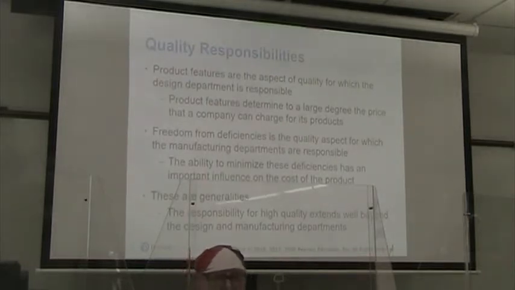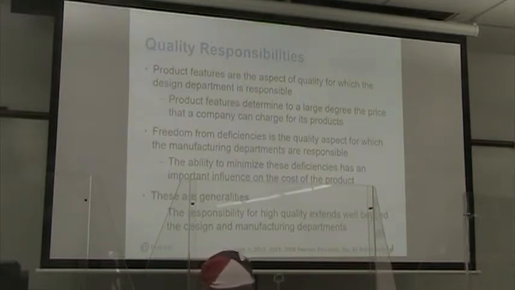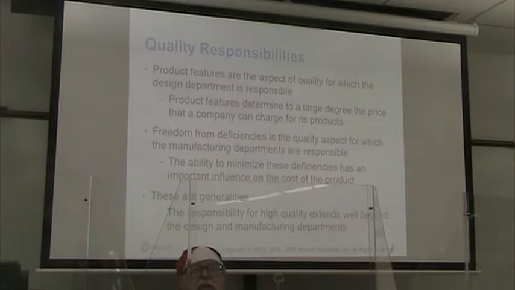All right, so within the quality responsibilities, our product features are the aspect of quality that the design department is responsible for. So product features determine to a large degree the price that a company charges for its products.